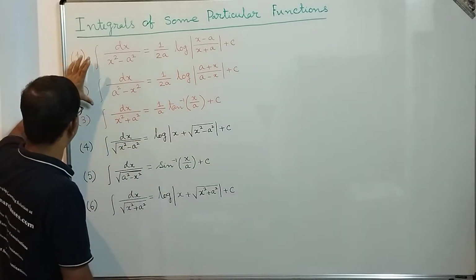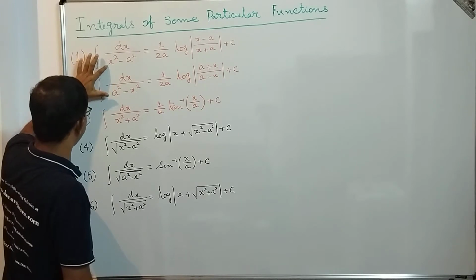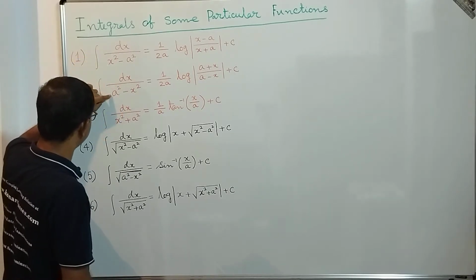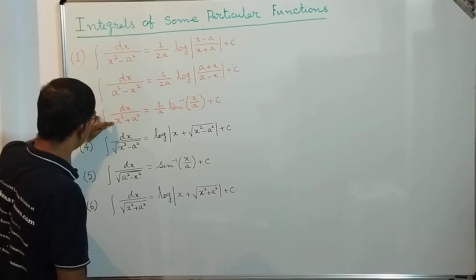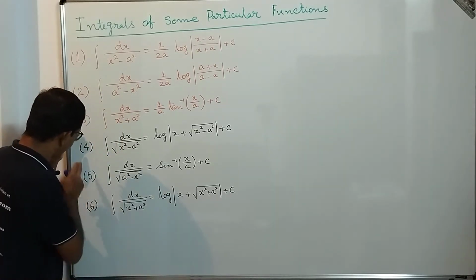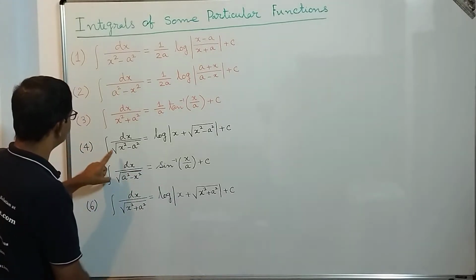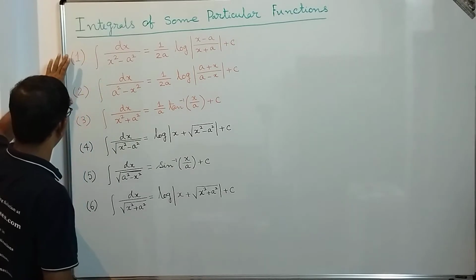So whatever you see in the red color is dx by x square minus a square, then dx by a square minus x square, then dx by x square plus a square. Now numbers 4, 5 and 6 are actually the square root versions of the first 3.